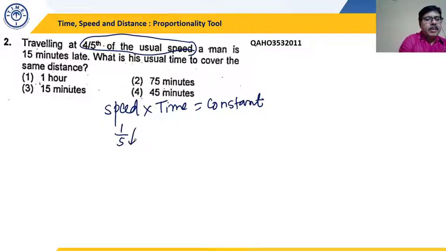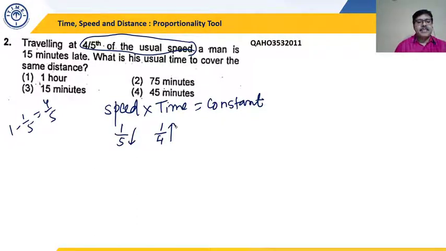I hope this is fine. 4 by 5 means 1 minus 1 by 5. If speed is decreased by 1 by 5, then the time taken increases by 1 by 4 to keep the product constant.